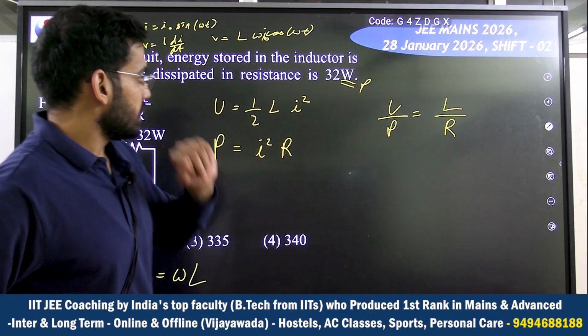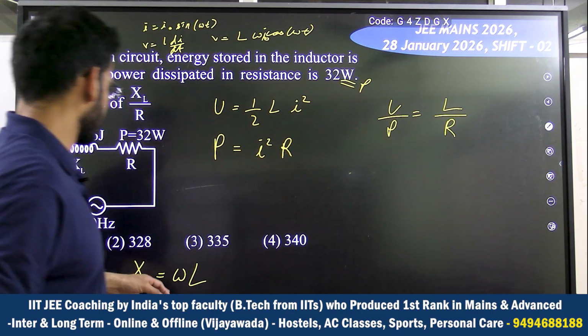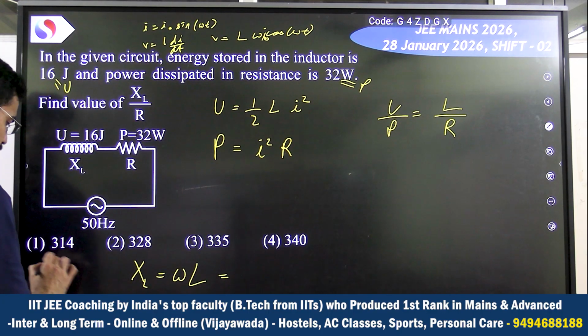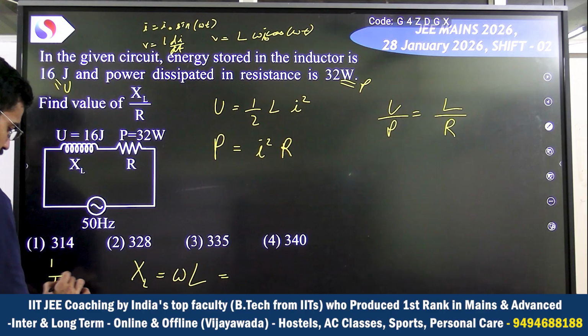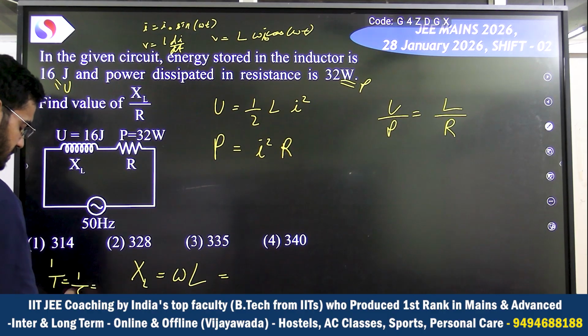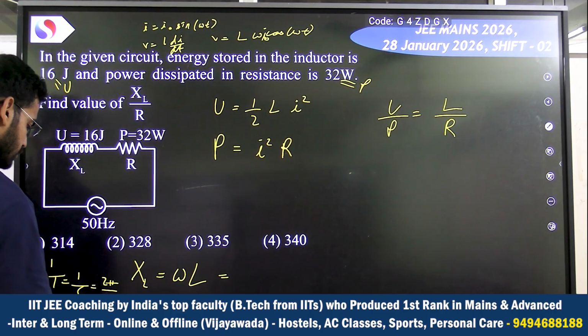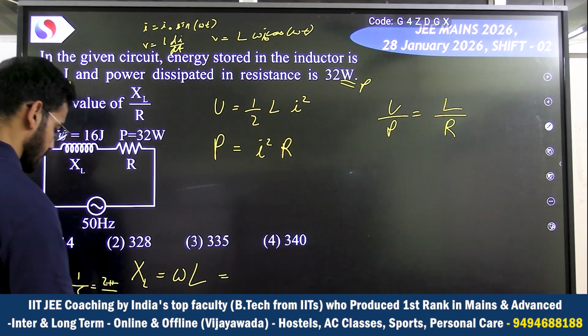So I want to create that thing here. But I don't have the omega, I have the frequency. So let me create it. You know time period is 1 upon frequency, and time period is 2 pi by omega, so omega is 2 pi f.